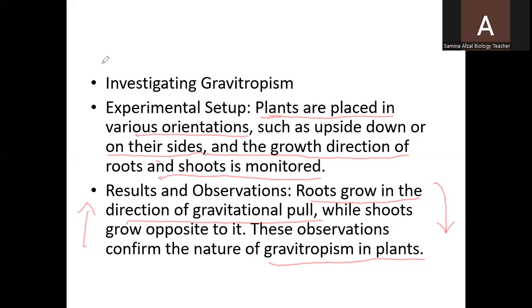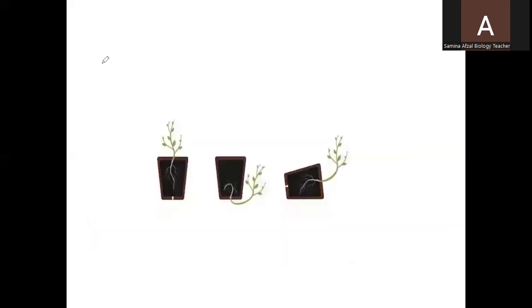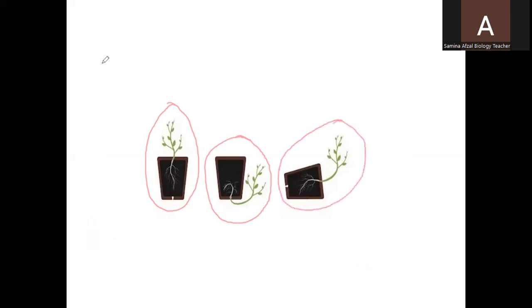You can see in the first setup, a normal plant growing in the upward direction, but the other pot is upside down, and the third pot is tilted on one side.